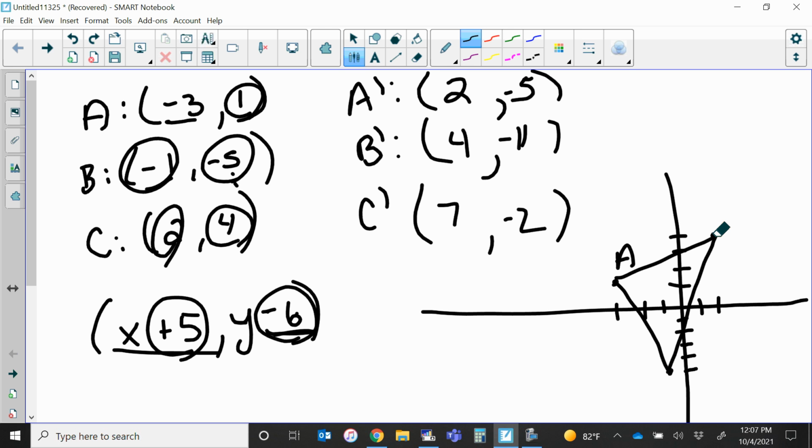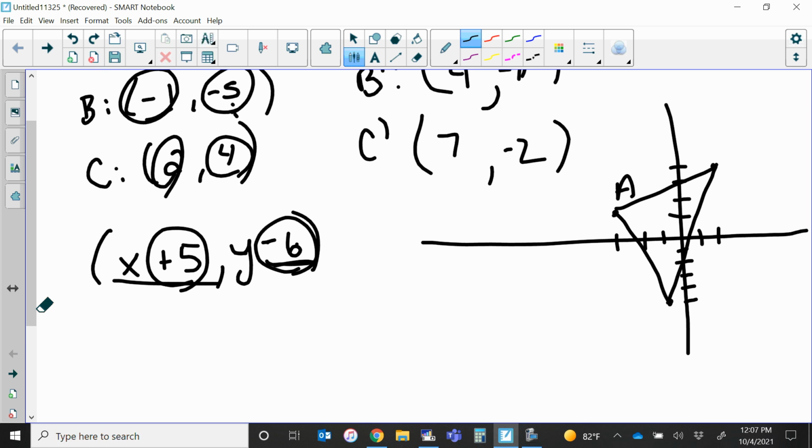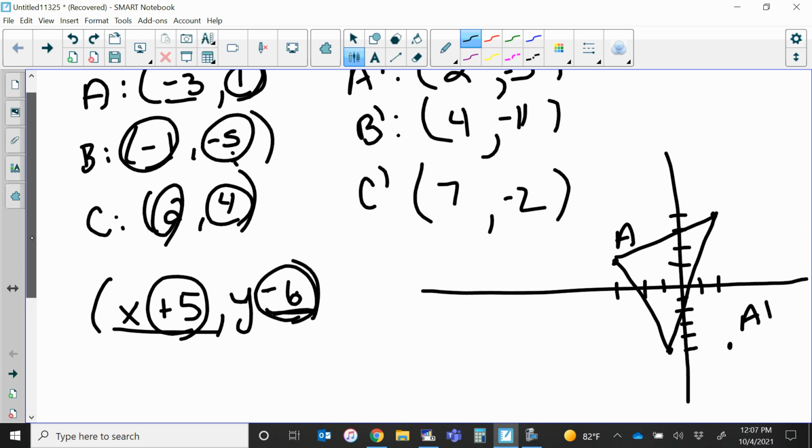All right. Then I'm going to go 2, negative 5. 2, 1, 2, 3, 4, 5, 2. What is this now called? A what? And then B was positive 4. 1, 2, 3, 4, and then down 5, 6, 7, 8, 9, 10, 11.